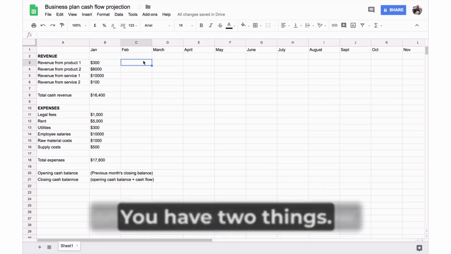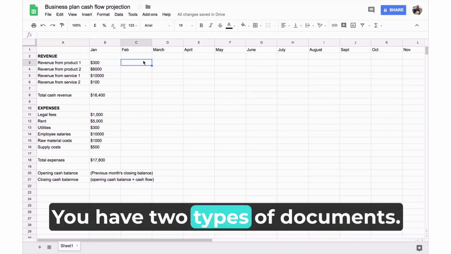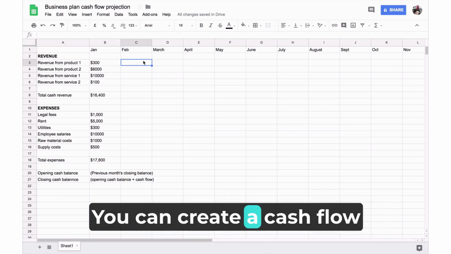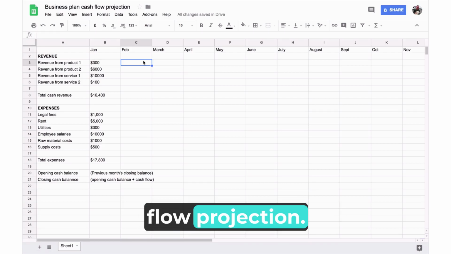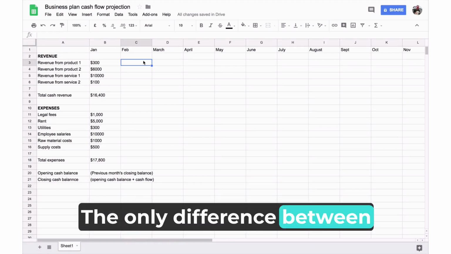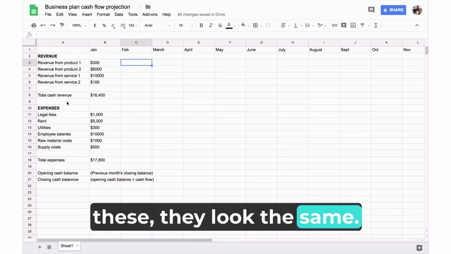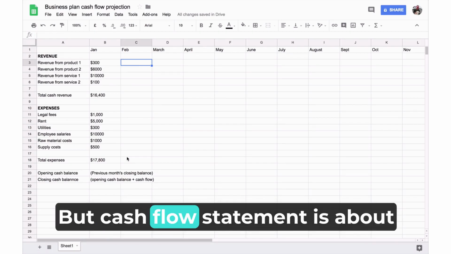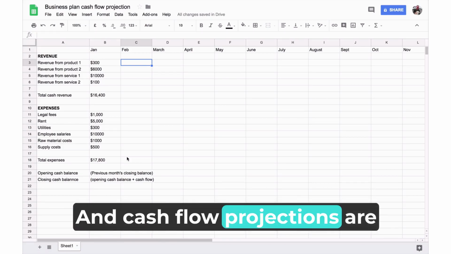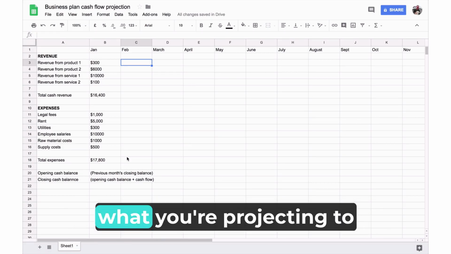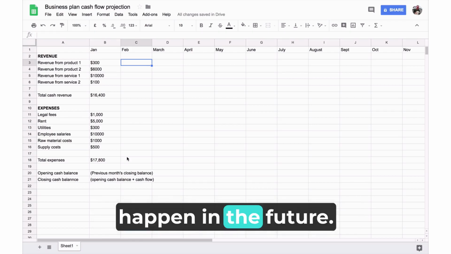For cash flow, you have two types of documents you can create: a cash flow statement and a cash flow projection. The only difference between these, they look the same, but cash flow statement is about cash flows that happened in the past, and cash flow projections are what you're projecting to happen in the future.